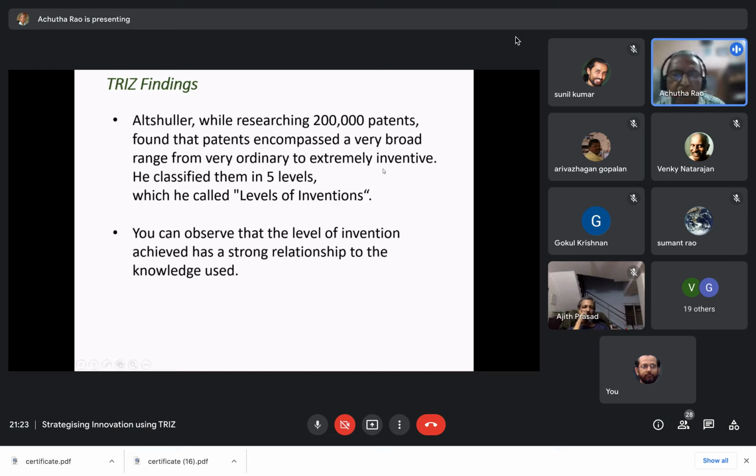So you can observe the level of invention achieved. He called it invention because in those days the word innovation was not common, so a lot of people used inventions. It has a strong relation to the knowledge used, very, very fundamental. The solution you develop depends upon what kind of knowledge you use.